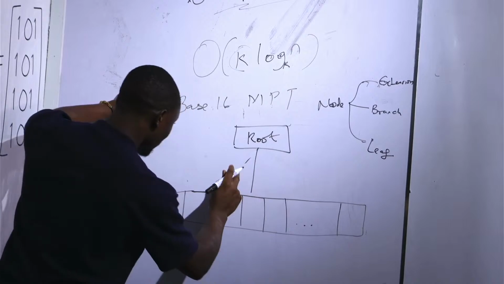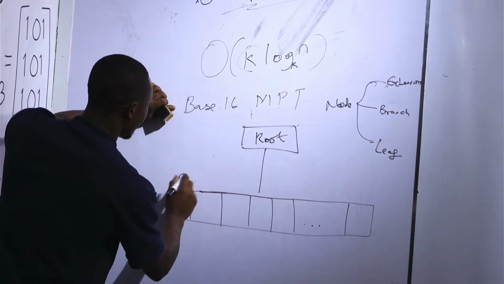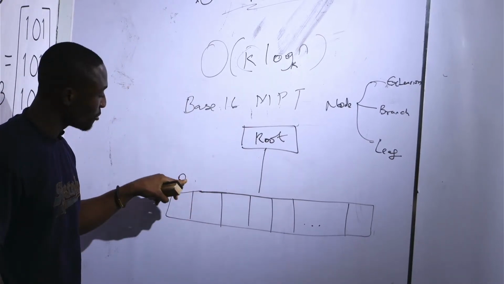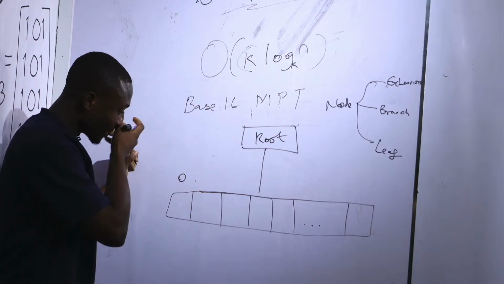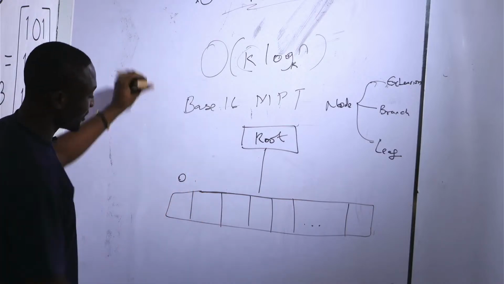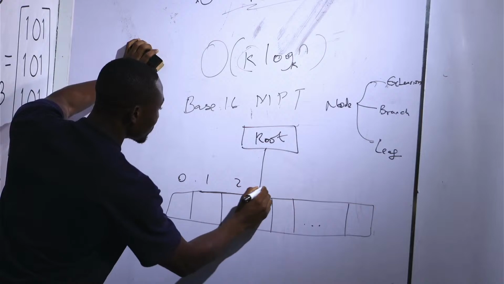Let's say this branch has a prefix, or index, of 0, 1, 2.